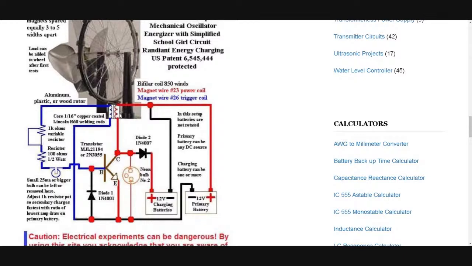So any back EMF that iron is receiving is going to hit the trigger winding and funnel it to the base and potentially trigger it, keep it triggering just by the back EMF. So that's why I think it goes into self oscillation mode.